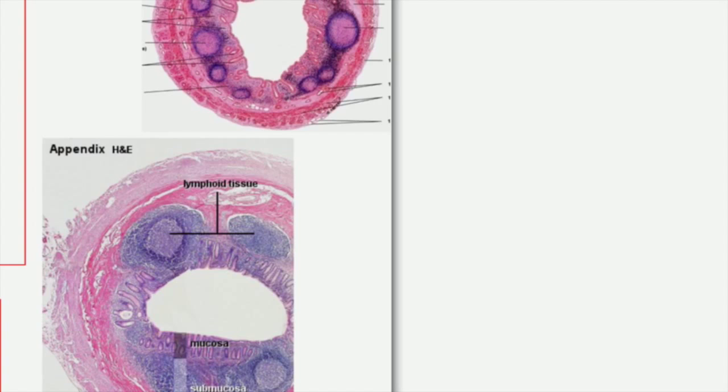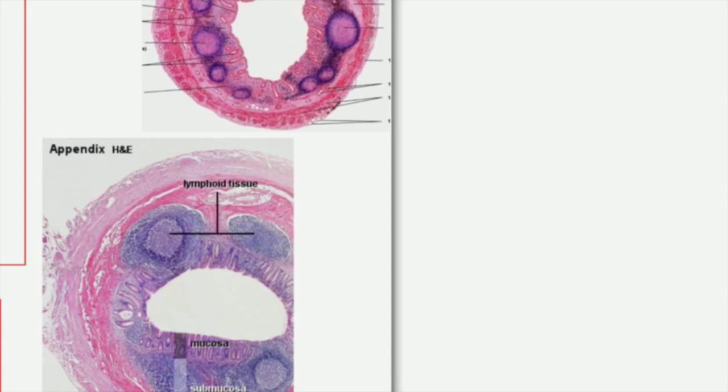And the most important feature is the presence of the lymphoid follicles here in the submucosa and mucosa, forming a complete circle in this structure, not localized to the antimesenteric border like that of the ileum. No, it is spread all through the circumference of the organ.